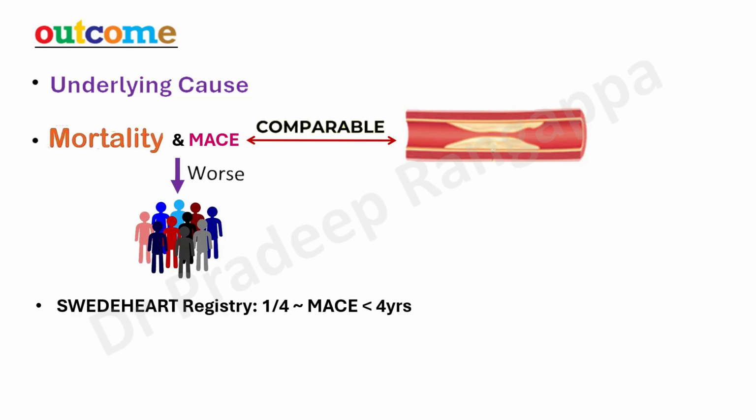The SWEDEHEART registry has shown that one quarter of the patients have developed major adverse cardiac events within 4 years. So if you have witnessed MINOCA in ICU, they need to be followed up and treated appropriately because they are at risk of developing major adverse cardiac events within 4 years.